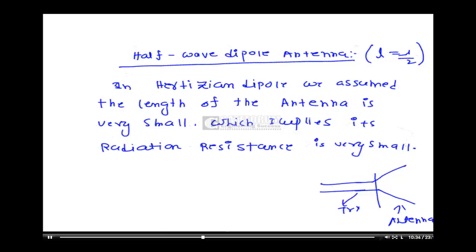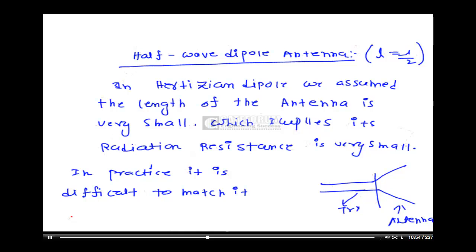Since this radiation resistance is very small, in practice it is difficult to match it with a real transmission line.